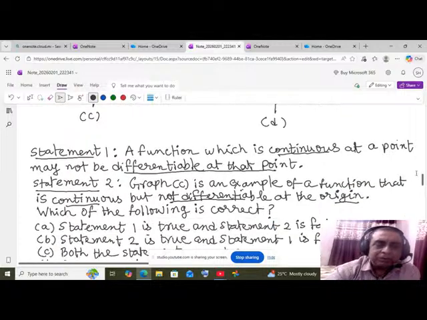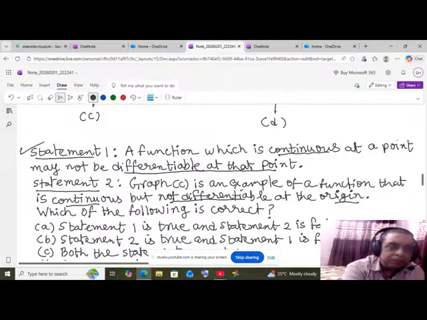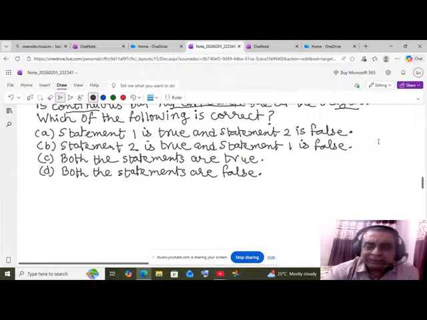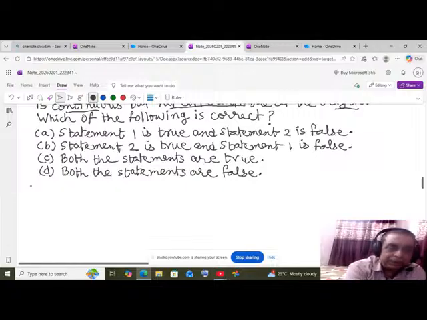Now statement number 1: a function which is continuous at a point may not be differentiable at that point. This is true, because if a function is continuous at a point, it may not be differentiable at that point. For example, let f(x) equal mod of x.